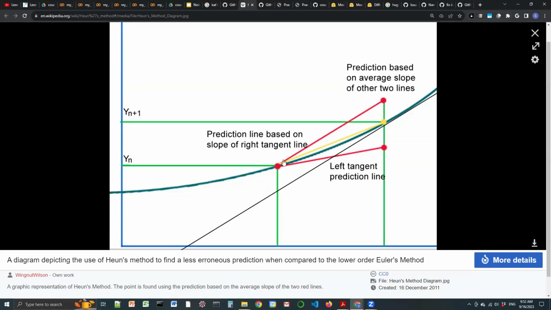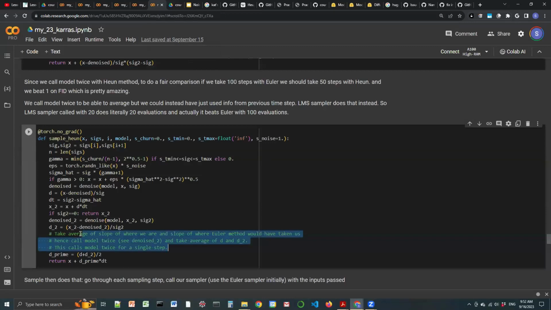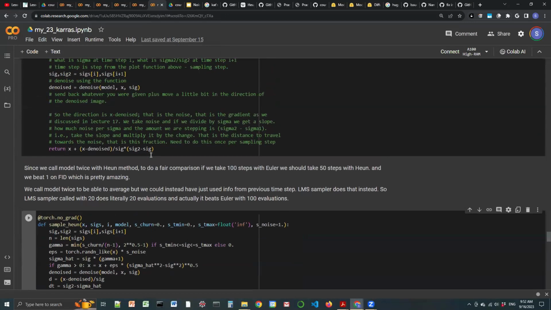And so you take the slope here, and try to take the intervening slope. So you then use this yellow line slope as compared to this guy or this guy. That's the different sampling methods.